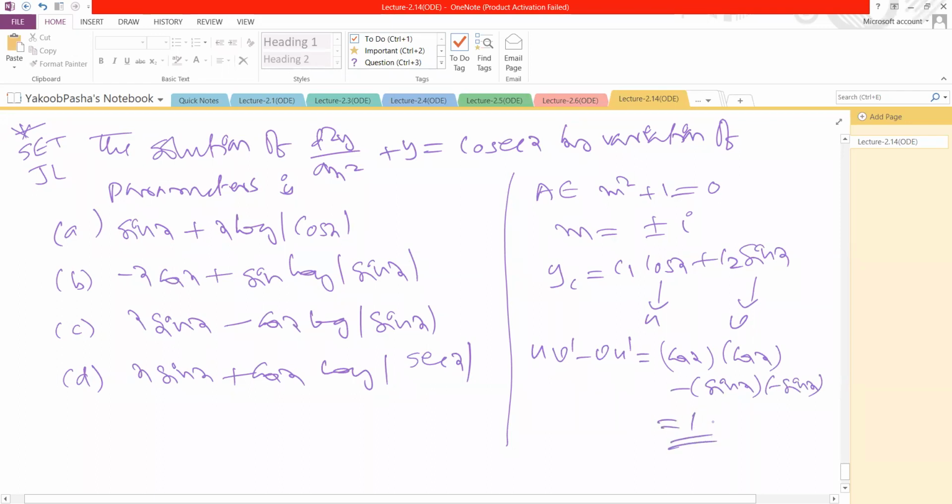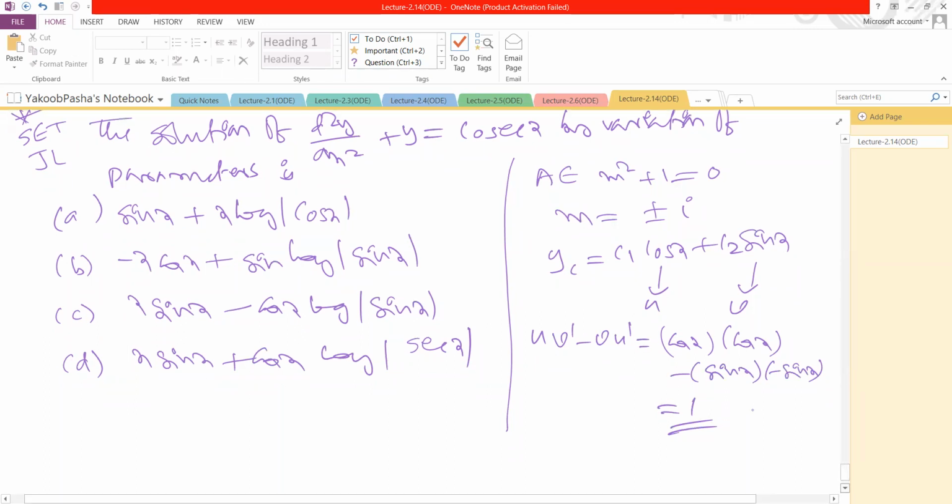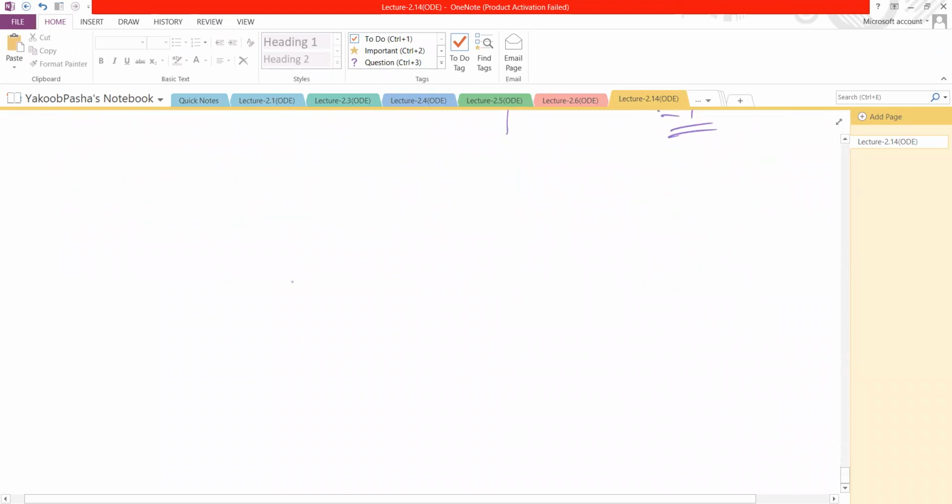This value is 1. So we can find the A value, that is A is equal to integral of minus v into r over the denominator 1, where v is equal to sin x and r is equal to the right side value cosec x, so dx.